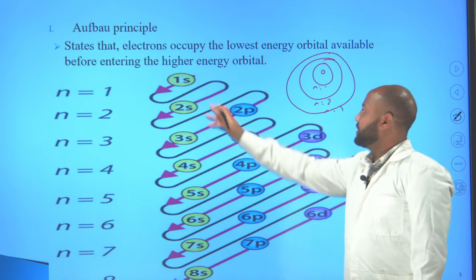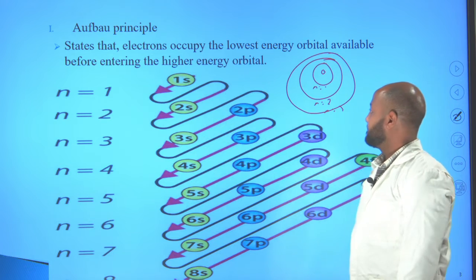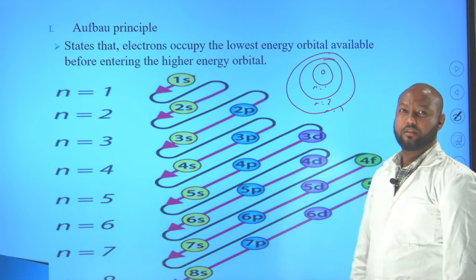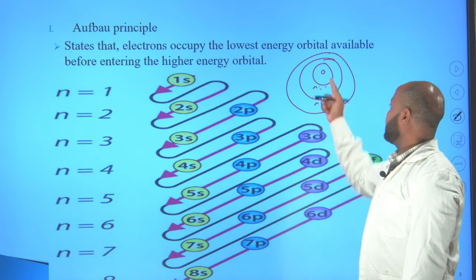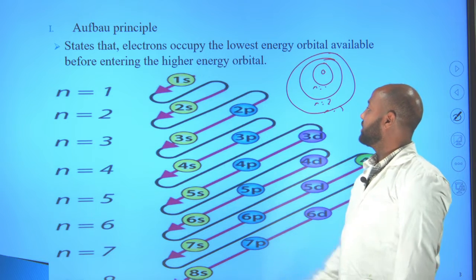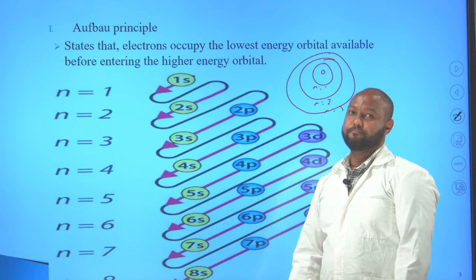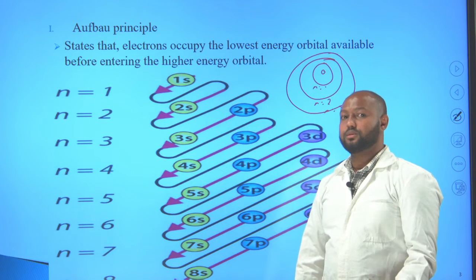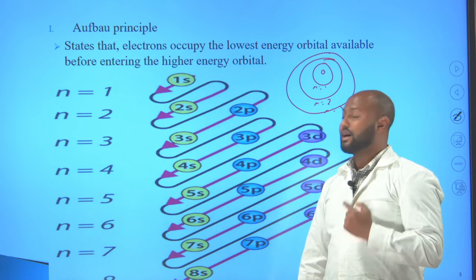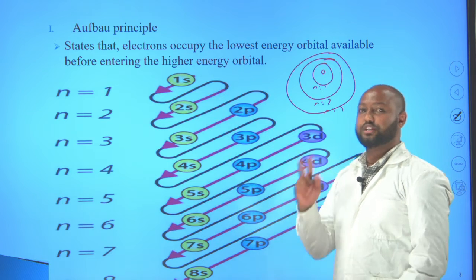Based on the Aufbau principle, n equals 1, 1s. The first main energy level has one subshell, called 1s. As you learned before, s can have a maximum of 2 electrons.